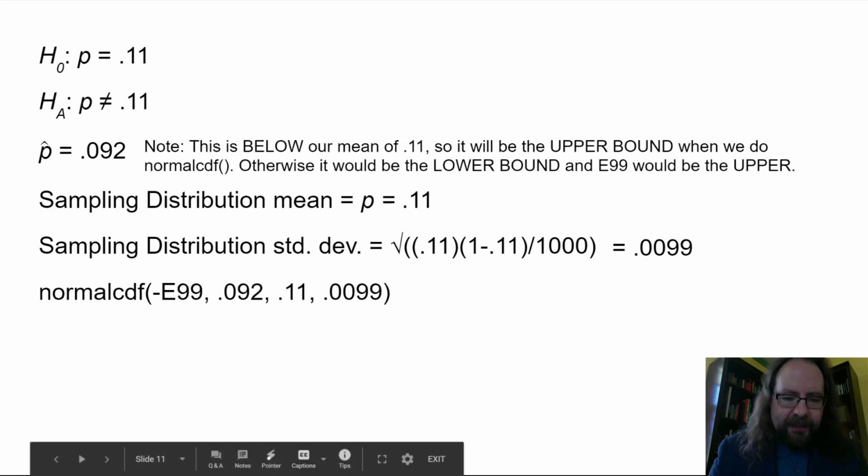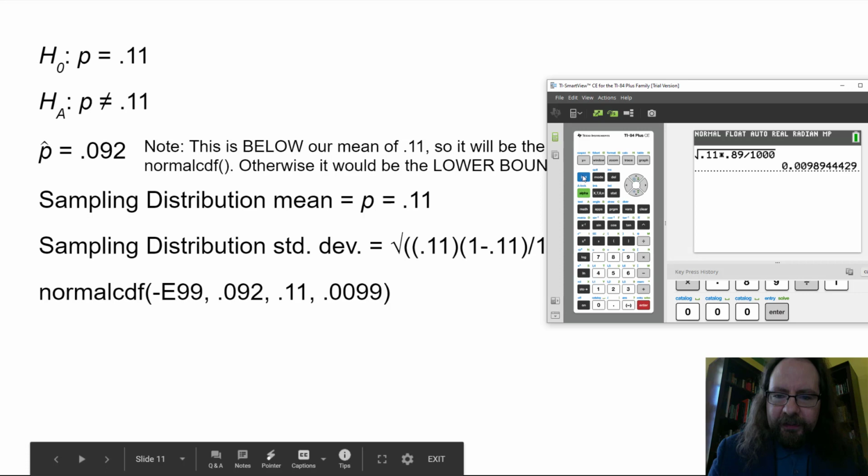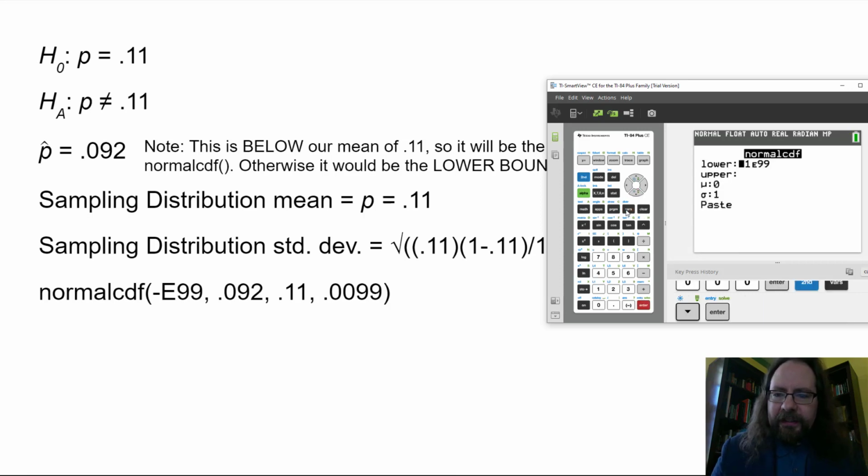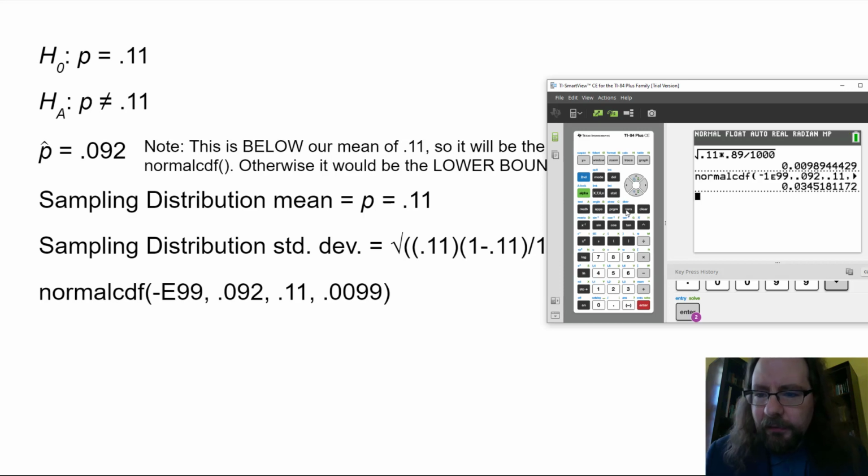So now I have to actually do our normal CDF. Let's go into our distribution menu like we always do. Normal CDF. Our lower bound is negative E99. Conveniently, it's already in there. 0.092 is our upper bound. Our mean is 0.11, and our standard deviation is 0.0099. This will give us the area of that left tail, which is 0.0345.